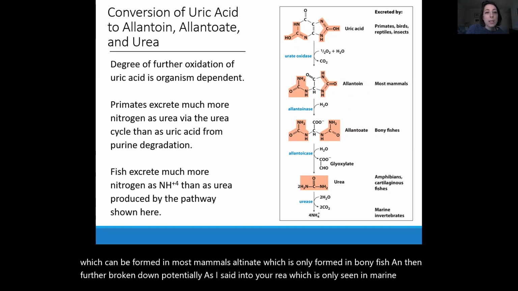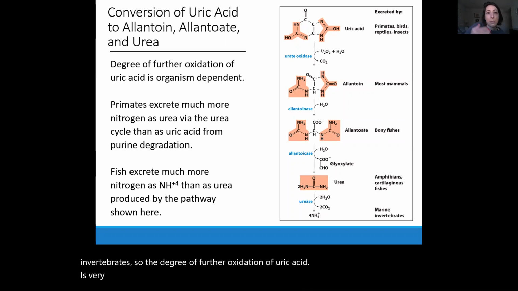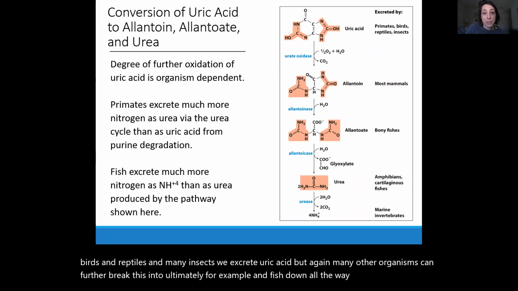So the degree of further oxidation of uric acid is very organism dependent, how much further down you can break it down. Now, us as primates, birds, and reptiles, and many insects, we excrete uric acid, but again, many other organisms can further break this into ultimately, for example, in fish, down all the way into ammonia to excrete.